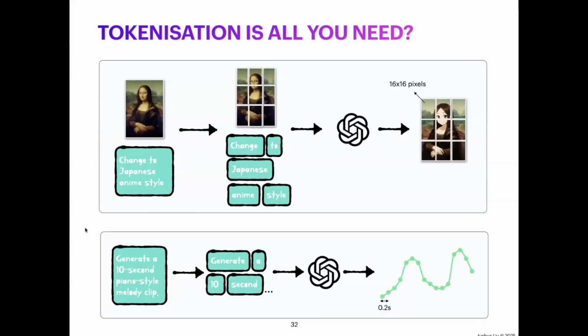And the way to do that is very simple, right? So we have seen that the large language model breaks the text into specific tokens as inputs. Large language models can also break different modalities into tokens, right? Here, for instance, for Mona Lisa, this image is broken into many small patches, right?